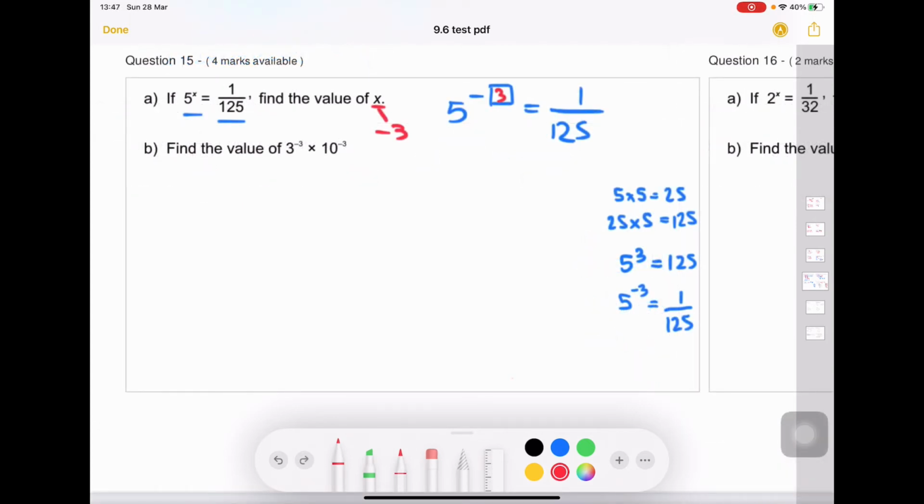For part B, we need to write 1 over 3 to the power 3 multiplied by 1 over 10 to the power 3. So we have 1 over 27, and 10 times 10 is 100, 100 times 10 is 1000.